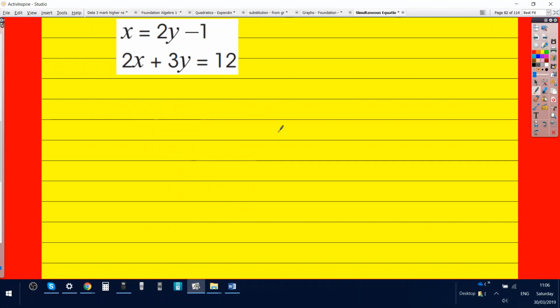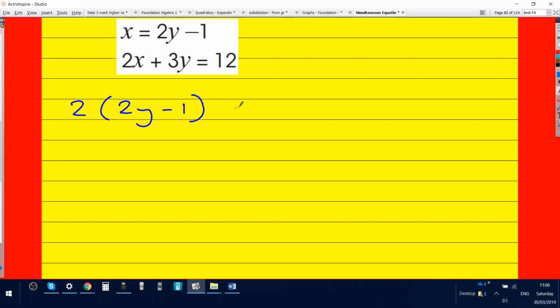This one. Sub in, so 2 bracket 2y minus 1 plus 3y equals 12, and then you expand and simplify, so 4y minus 2 plus 3y equals 12.